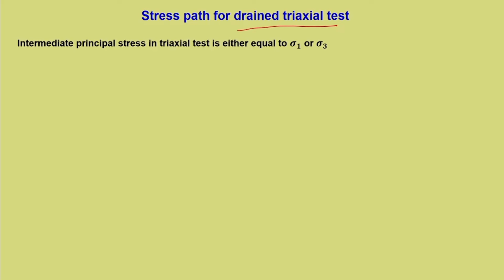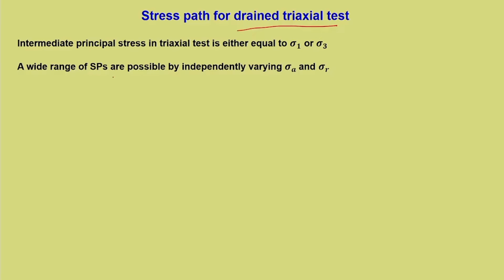Let us start with the statement that most of us know, but for completeness we need to understand this. The intermediate principal stress in triaxial test is either equal to sigma 1 or sigma 3. The effect of sigma 2 is not taken into account explicitly.